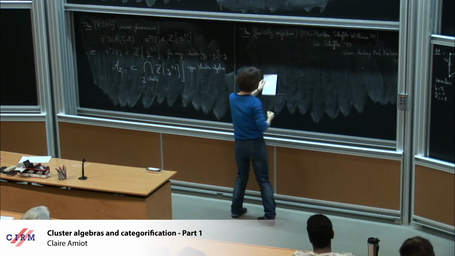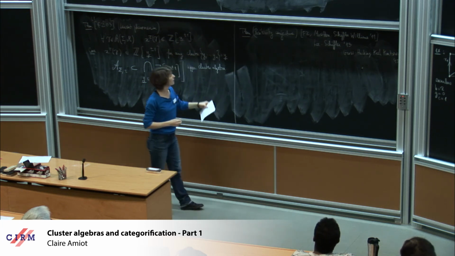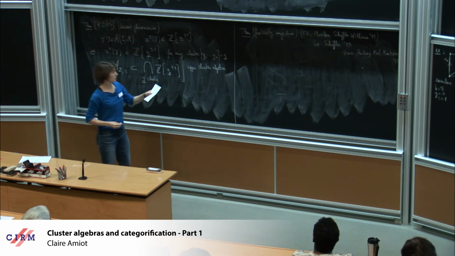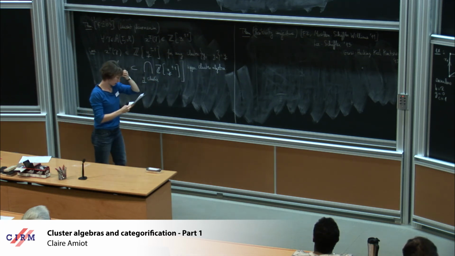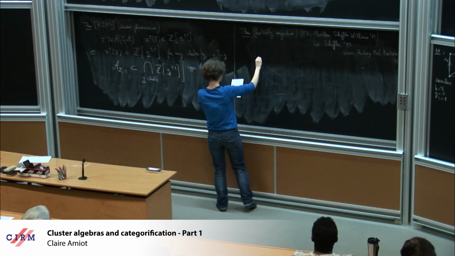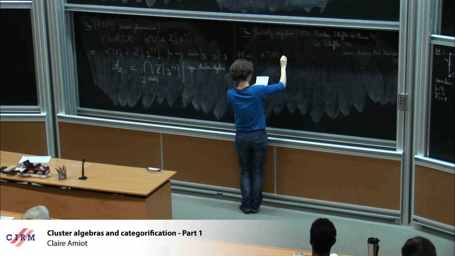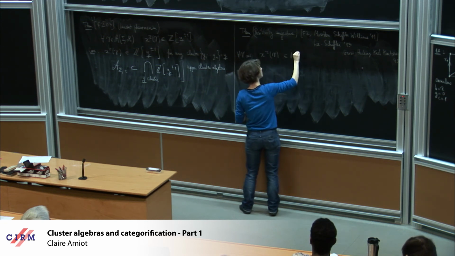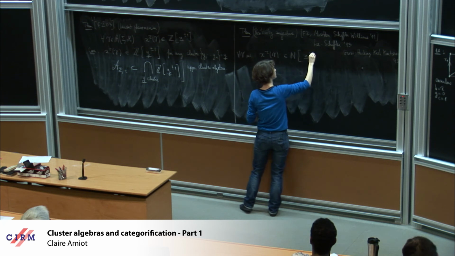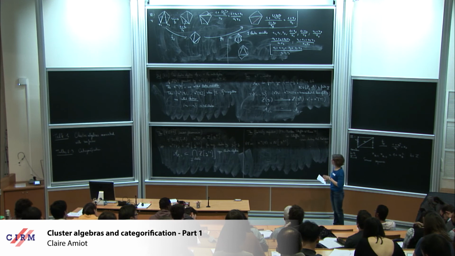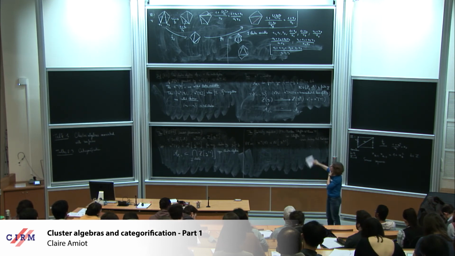Maybe I should also put Gonchar for this positivity conjecture. Lots of people have worked on this, and it states that for any arc gamma, x tau of gamma can be written with positive coefficients in terms of the initial cluster. You can check it on the example.